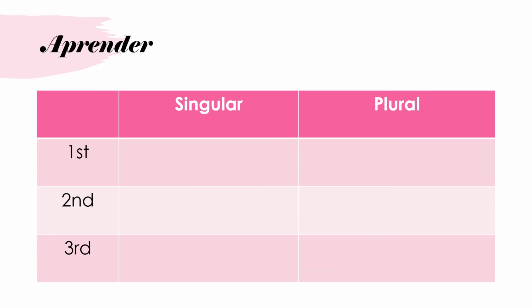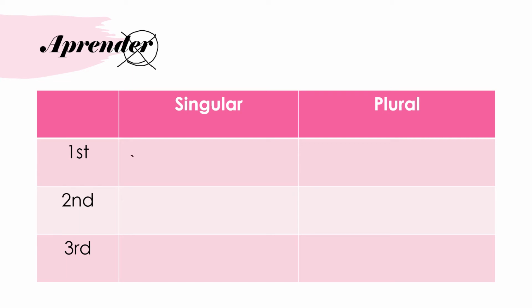So this is aprender. So very first step, I want you to try and answer these questions I'm saying before I answer them for you. So aprender, step one, what kind of verb is it? It's an ER verb. We have ER on the end. All right, step number two, we need to eliminate the ER.